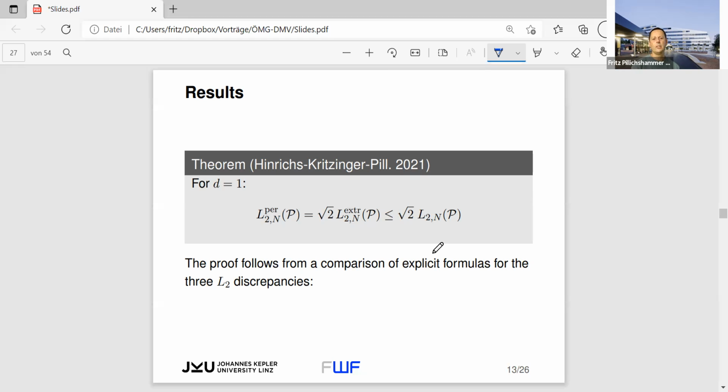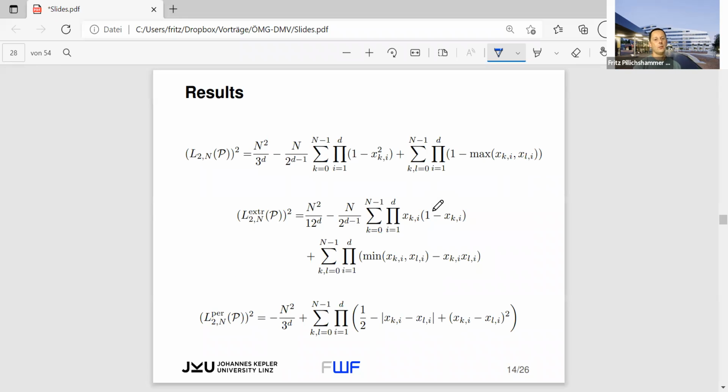The proof of these relations is very elementary, so one doesn't need any deep idea. One just uses explicit formulas for the three notions of L2 discrepancies that you can see here. I don't want to go into details. These formulas can be easily shown by just applying the binomial theorem to the squared discrepancy function and integrating out the three parts.